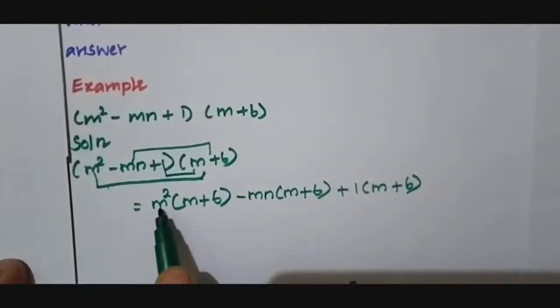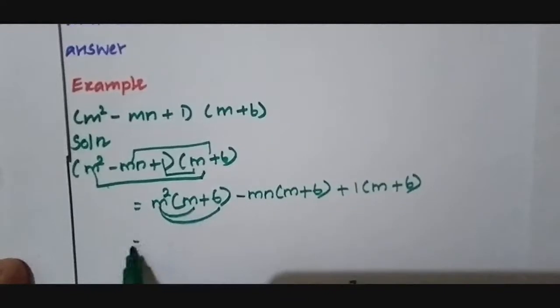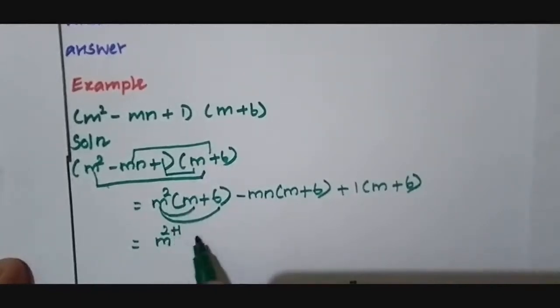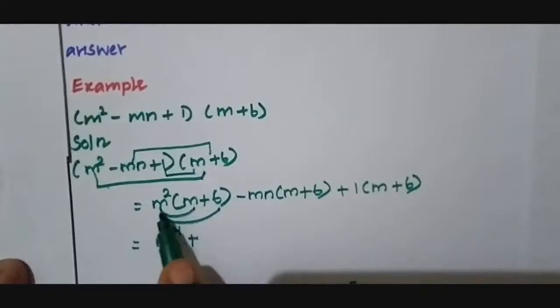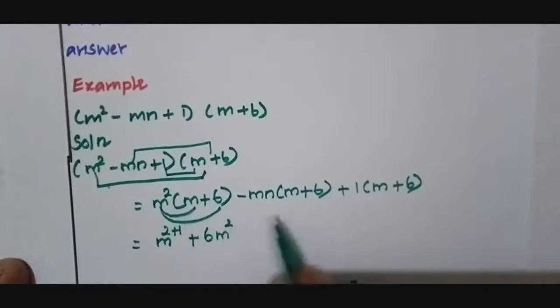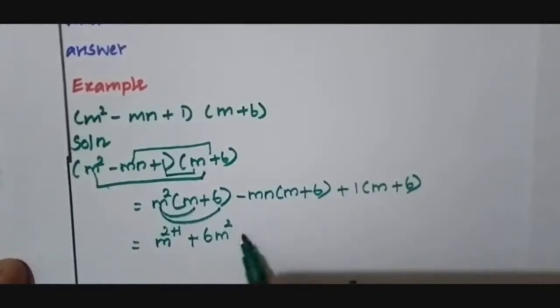Now multiply this m square with the terms inside the bracket, m square with m, then m square with this 6. When it is in multiplication, you can add the powers. So m square into m is m power 2 plus 1, plus m square into 6 is 6m square. Now minus into plus is minus, mn into m is m power 1 plus 1 into n.